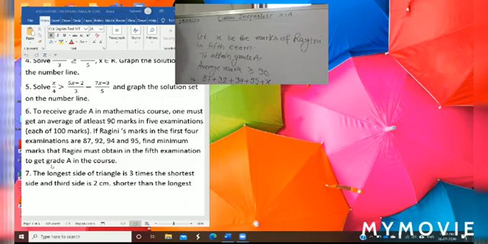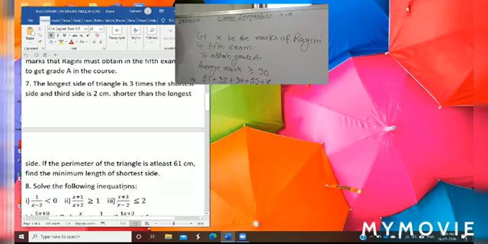In the same way, you write your 7th question. Yes, right. 7th question. The longest side of a triangle is 3 times the shortest side, and the third side is 2 centimeters shorter than the longest side.